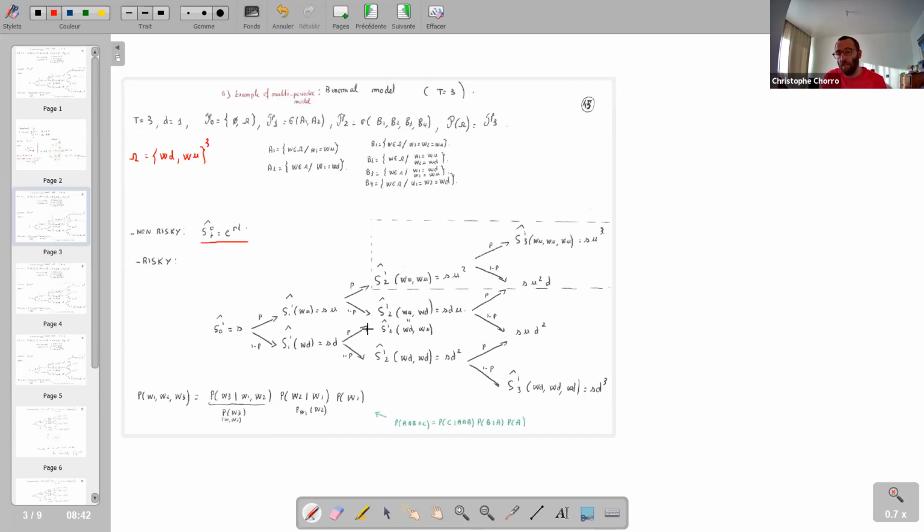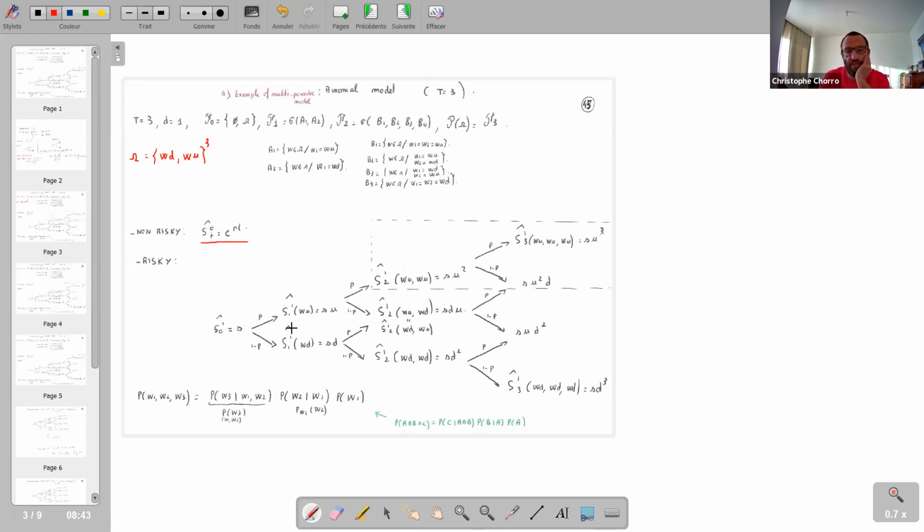So it should be possible to extend this to a model where the return depends on the period I am in. It's just that I would have to introduce notations that I don't want to introduce today, but you can extend this to the case where I don't have equality between the returns of two periods.